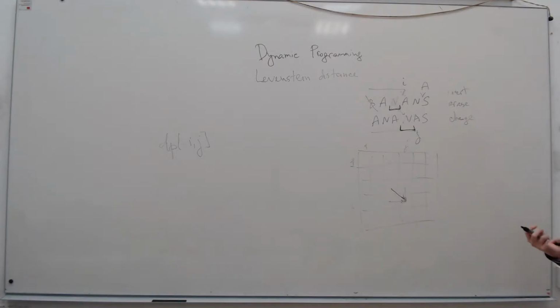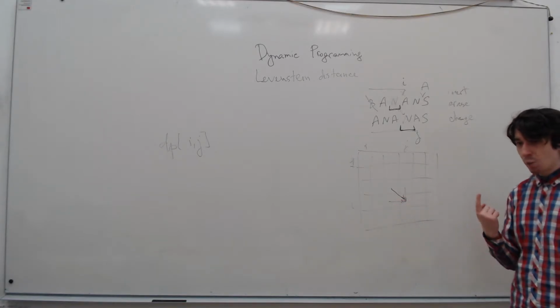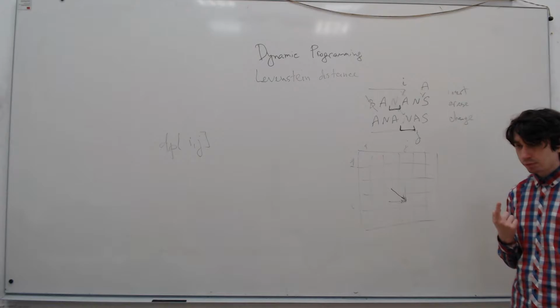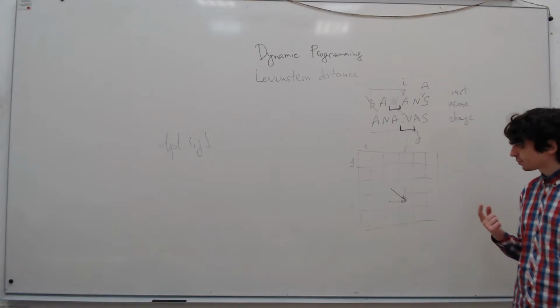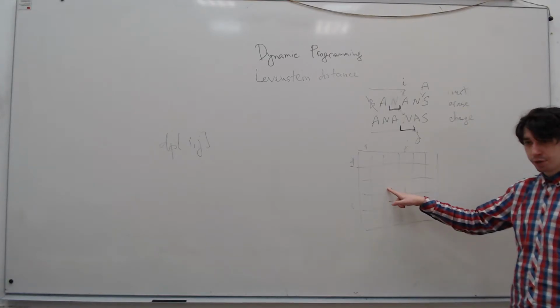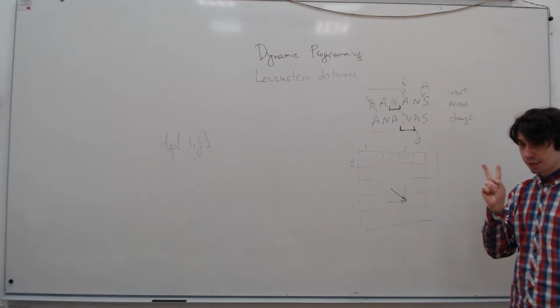But there are two different cases here. From the top and from the left, we always pay 1, to insert or remove a character. But if we come from the top left, we have two cases.